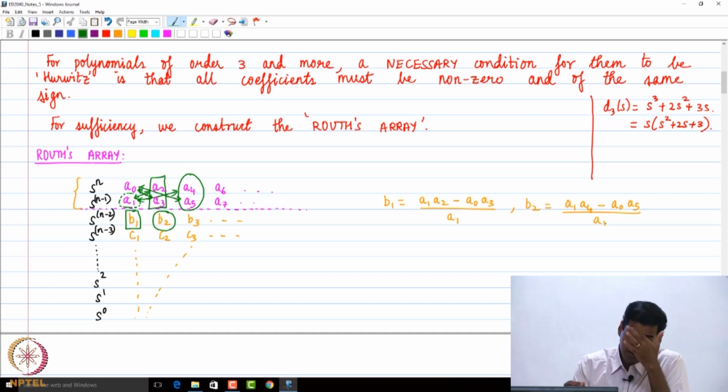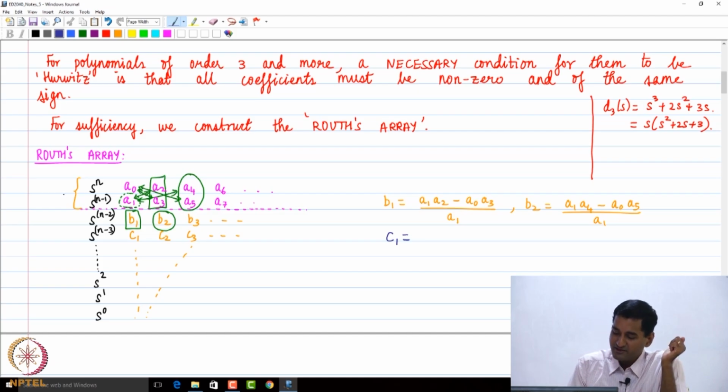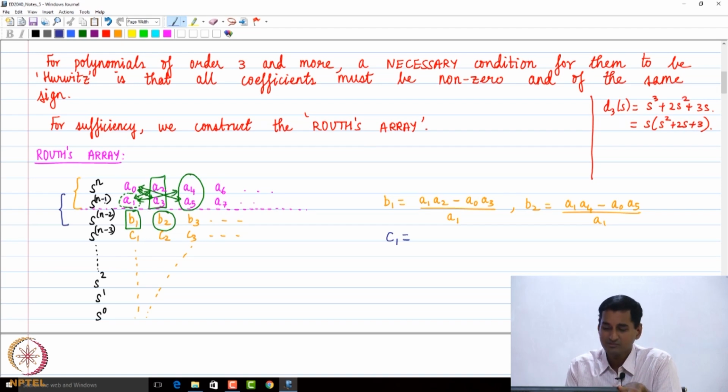Now we come to the S power n minus 3 row. I want to calculate c1, c2 and so on. If I follow the same process, I first choose the two rows immediately above, the S power n minus 1 and S power n minus 2 rows.